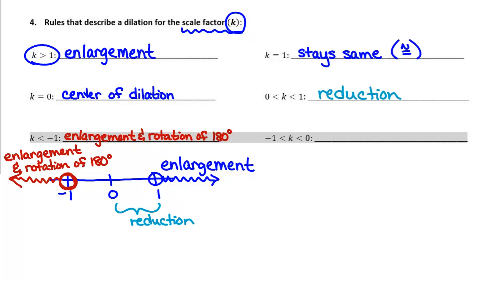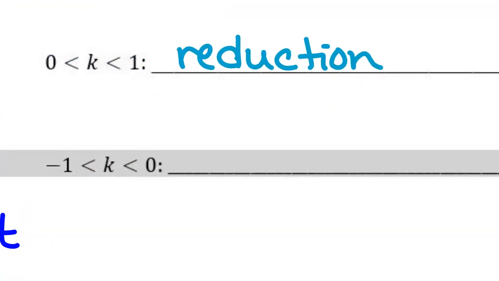All right, last piece. I want to see if you guys can guess this one. If we're bigger than 1, that's an enlargement. If I'm smaller than -1, that's an enlargement and a rotation. When we're in between 0 and 1, that's a reduction. What do you think about when we're in between -1 and 0? Reduction and rotation, yes.